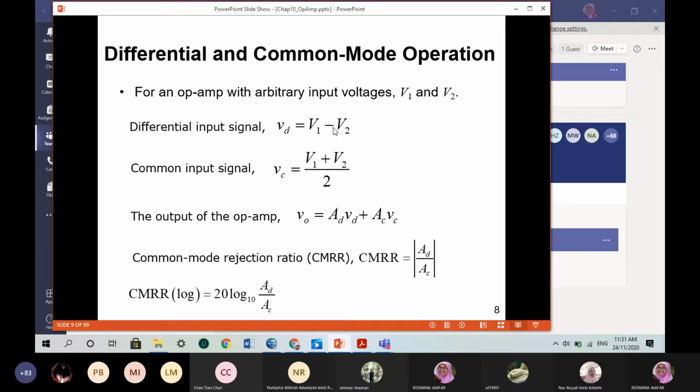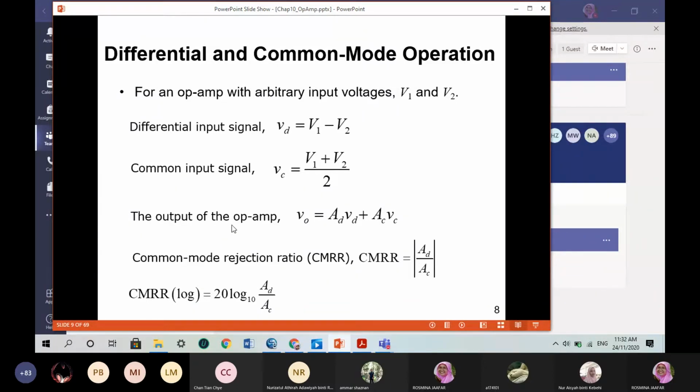The difference between V1 and V2 at the input terminals gives the differential input voltage, and the common input signal Vc is actually the average of the two input voltages at the input terminals. So Vc, the common mode, equals the average, V1 plus V2 divided by 2.